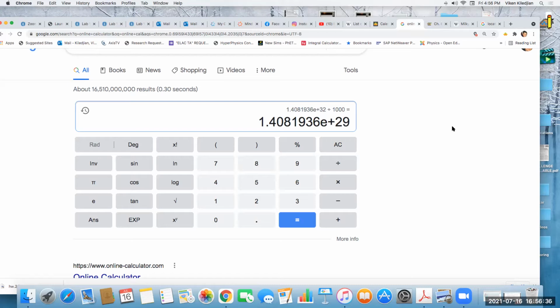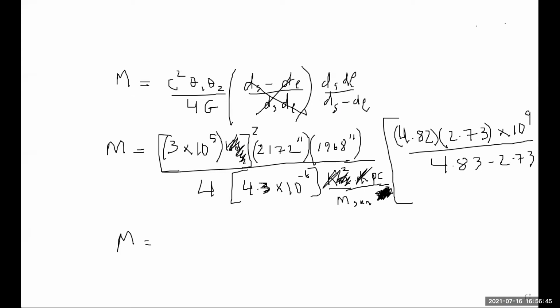So here's my answer: 1.408 times 10 to the 29th arc sec squared, because that's the symbol for arc seconds, squared, times mass of sun.